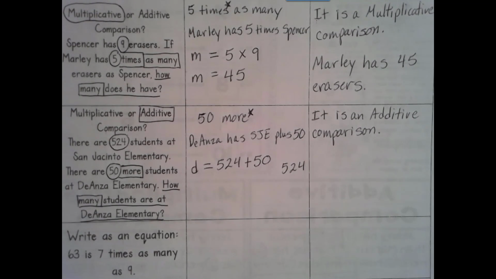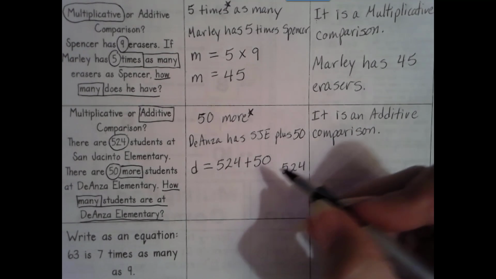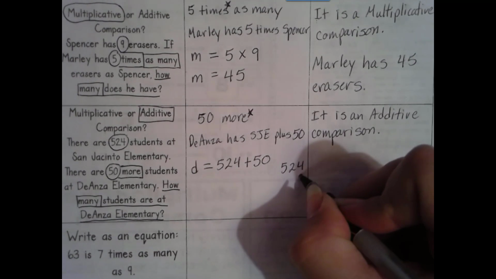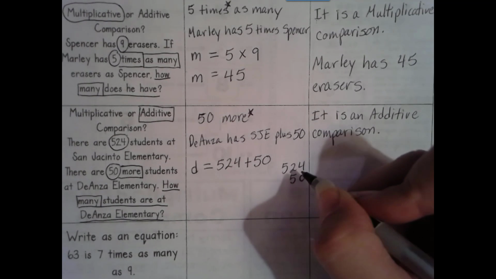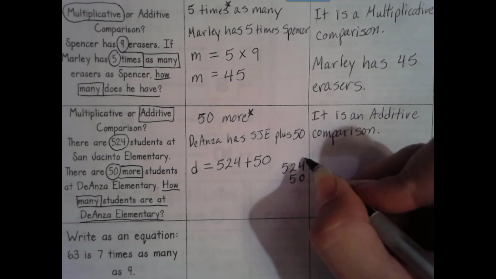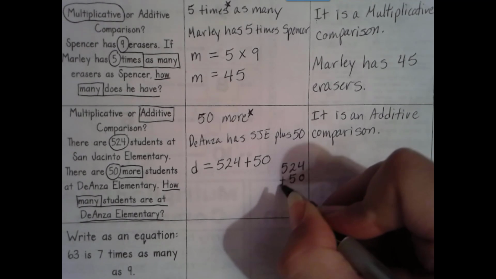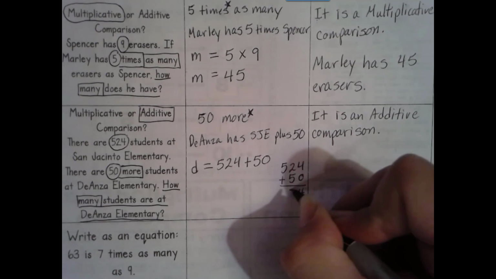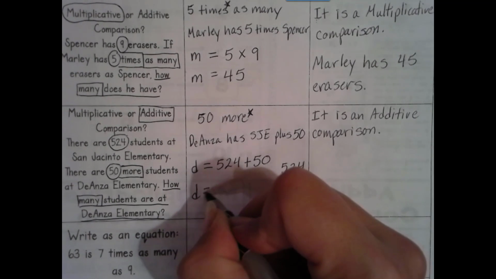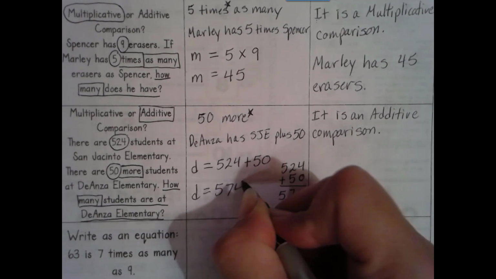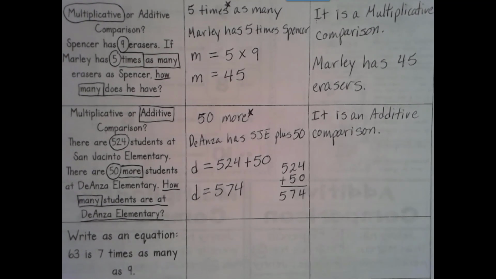So we may want to use our algorithm to help us. We always line up from the ones. So the 0 goes under the 4, the 50 goes under the 20. So our 1s line up and our 10s line up. Get 4, 7, 5. So De Anza has 574.